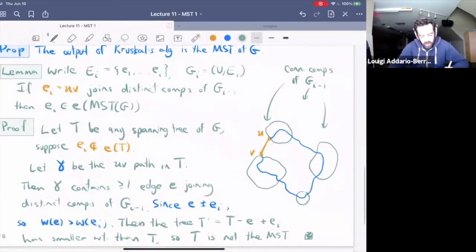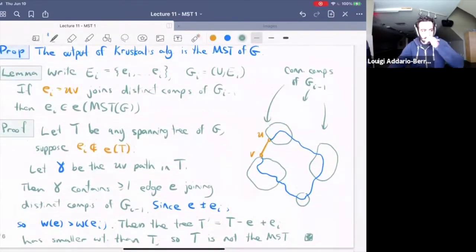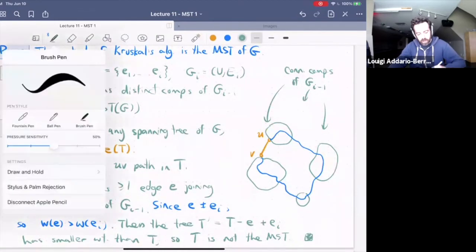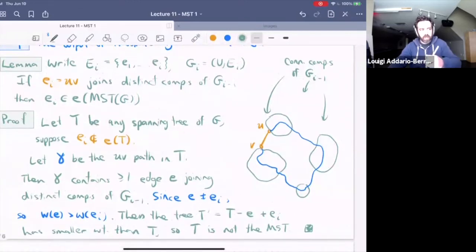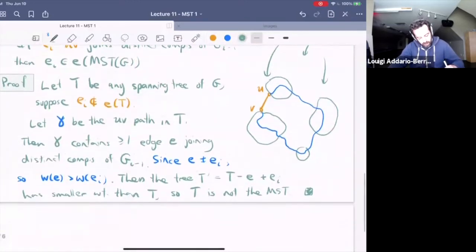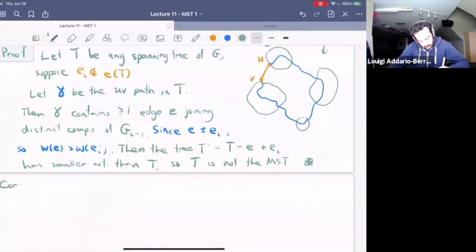Okay, good. Any questions about the lemma? So I'd like to use it to show that the output of Kruskal is actually the minimum spanning tree at this point. The proof isn't that hard, but I'd like to state one step of it as a corollary before I do the finishing stroke. So this is really just an immediate consequence of the lemma.